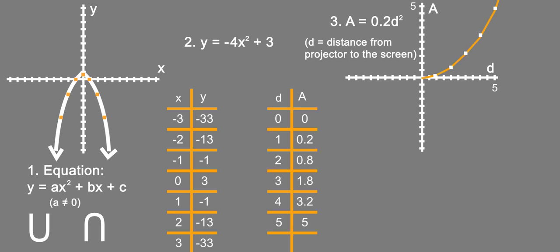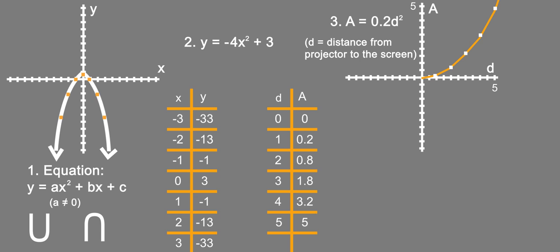And then we are asked to estimate the distance from the projector to a screen if the area of the movie is 8 square feet. So if we're looking at 8 square feet, we can actually solve for that.